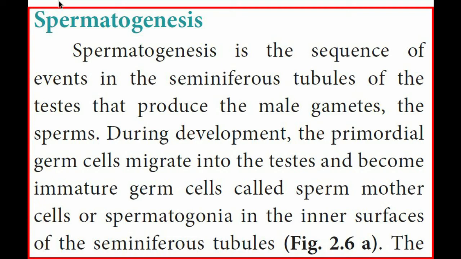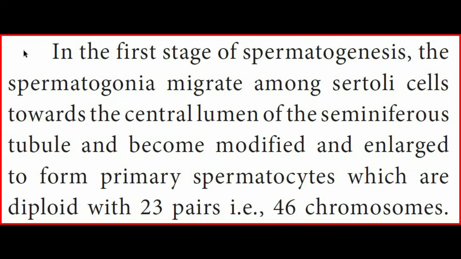Now, the sperm mother cell or spermatogonia changed into primary spermatocyte by mitotic division. Okay, children? The primary spermatocyte is diploid in nature. It means it consists of 46 chromosomes.